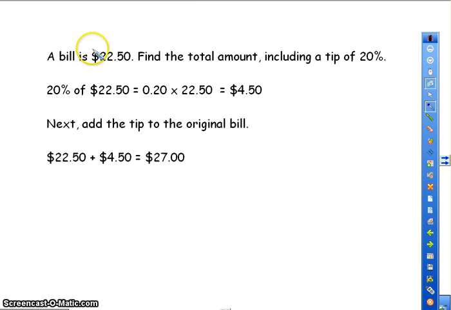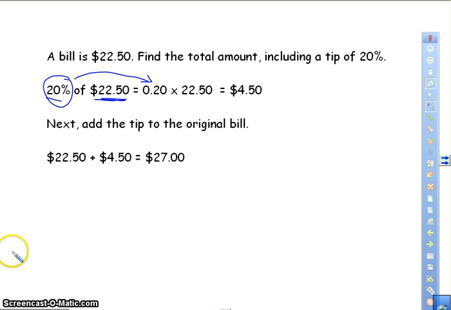So a bill is $22.50. You're going to find the total amount including a 20% tip. So you find 20% of $22.50. We know 20% can be written as a decimal, 0.20. We multiply by $22.50 and you get $4.50.